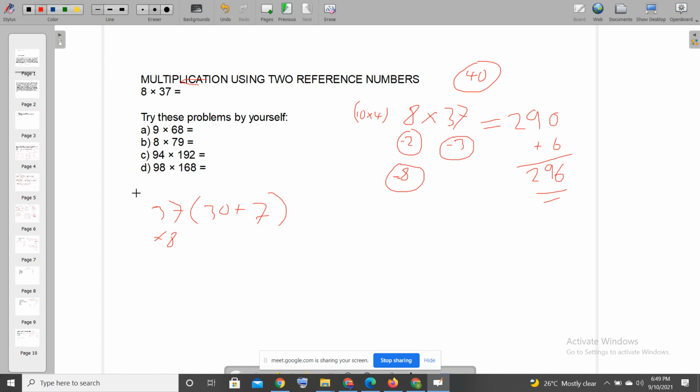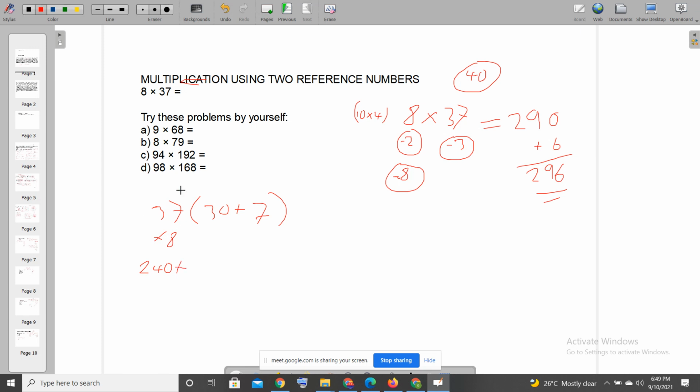If I'm going to use this, 8 times 3 will give me what? 24, right? So 24. Then I'll add my 0. 8 times 7 is what?